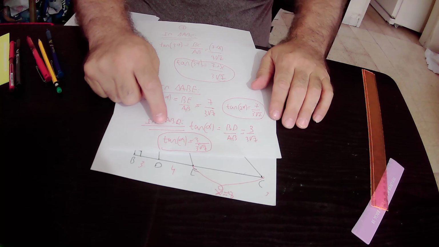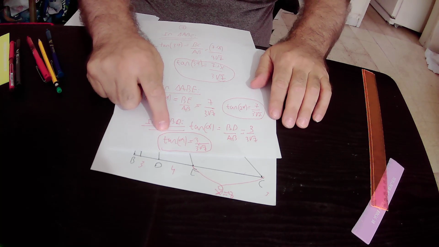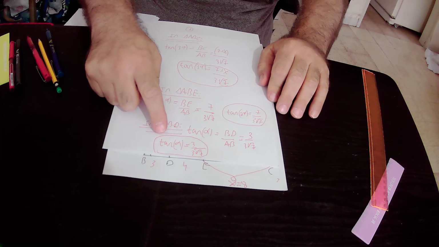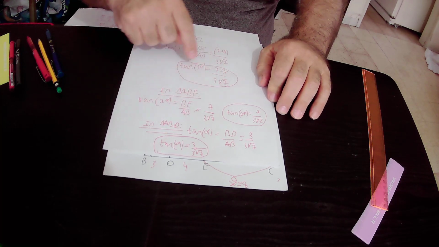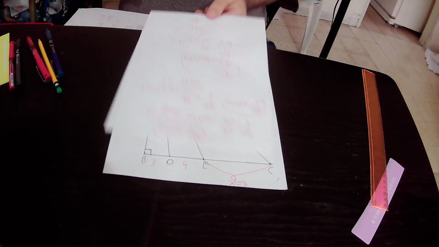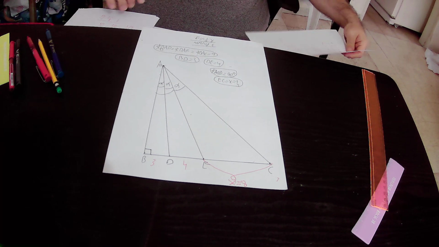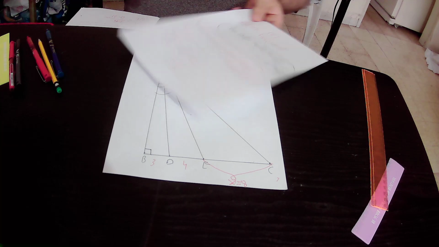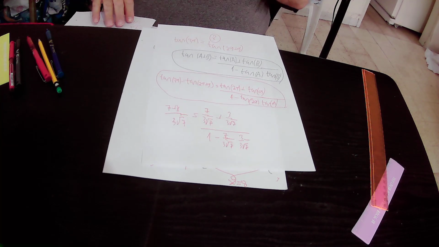So in total tangent alpha equals 3 over 3 times root 7. So we got the values of tangent alpha, tangent 2 alpha, and tangent 3 alpha. But we also know that tangent 3 alpha equals tangent of 2 alpha plus alpha.